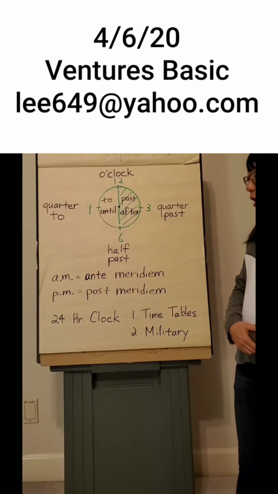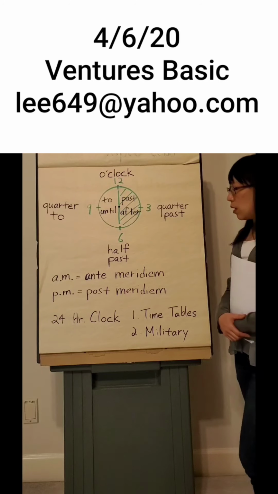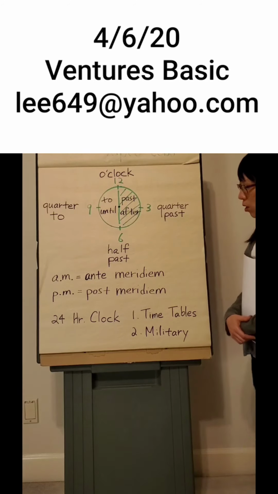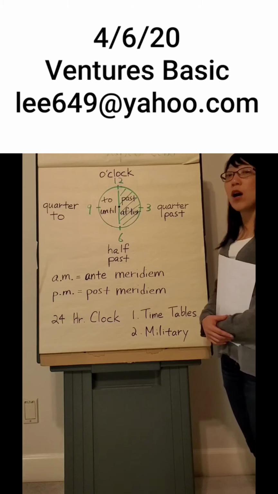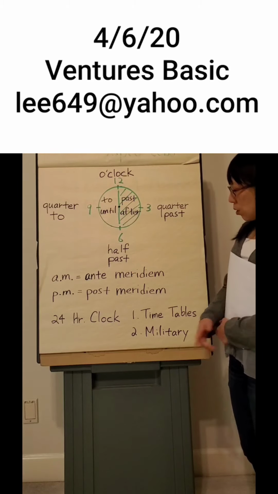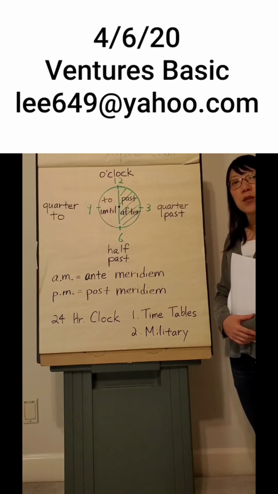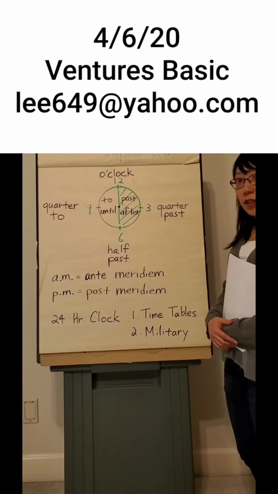And we also have the 24-hour clock. We usually do not use this unless it's a timetable which shows a schedule, like a train schedule, movie schedule, all these schedules, or it is usually used in the military, and the reading is different.